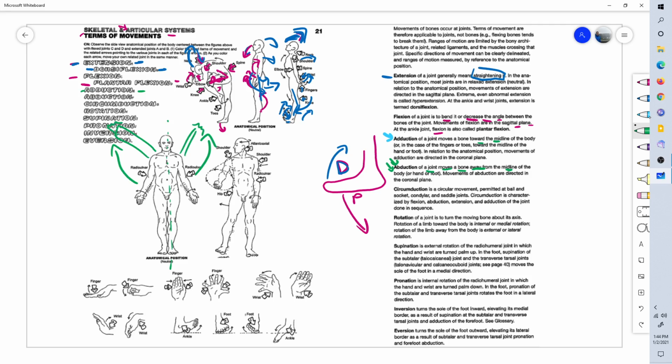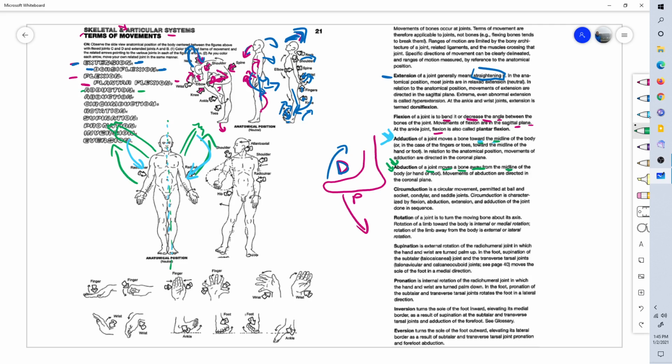And now you're going to bring them down. Now you're going to bring them down toward the what? Toward the midline of the body. You're going to bring these arms back down toward the midline. Well, now that's an example of adduction. Adduction toward the midline of the body. Okay, let's try again.